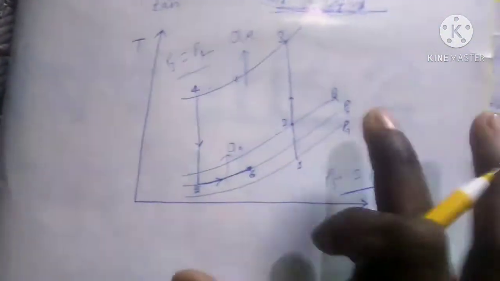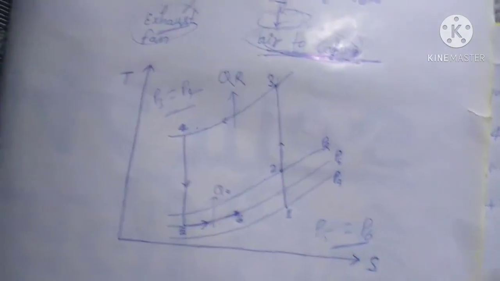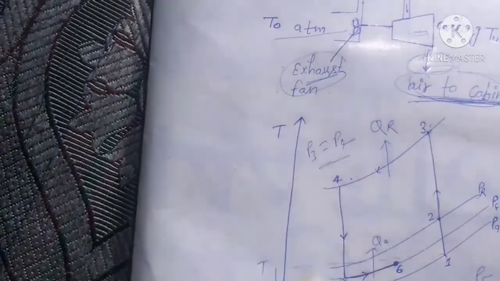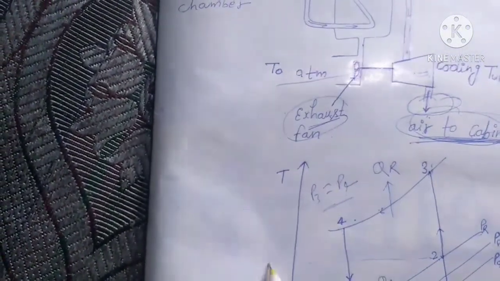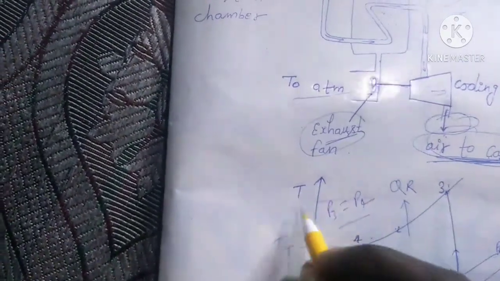So this is a simple figure, temperature and entropy related. Here is the T1 temperature, this is T2 temperature, here T4, and here T3. You see all the given requirements here.